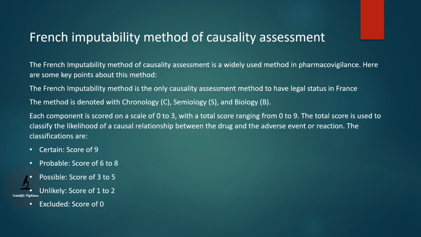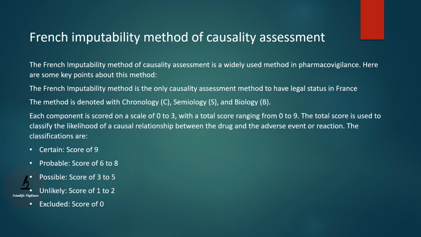The French imputability causality assessment method, widely employed in the field of pharmacovigilance, holds a distinctive position in assessing causality. It is worth noting that the French imputability method is not just any method, but it holds a legal stature within France. This recognition underscores its significance and reliability.